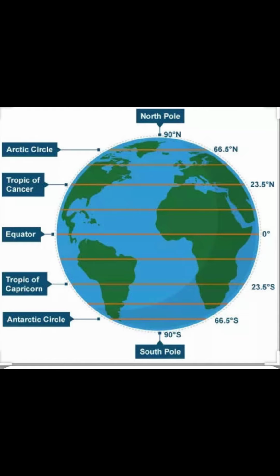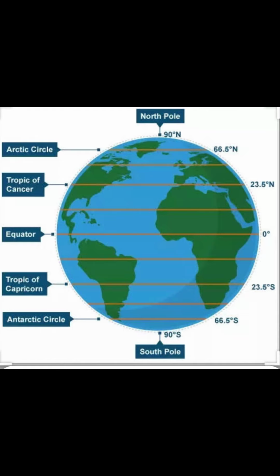Remember, latitudes are always north and south. 23.5 degree north is given the special name Tropic of Cancer, whereas 23.5 degree south is called the Tropic of Capricorn.